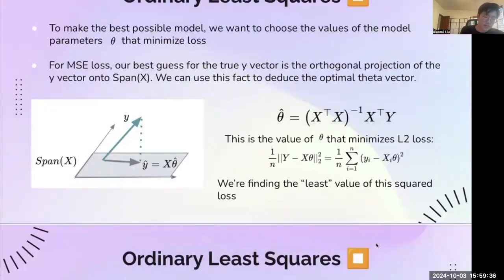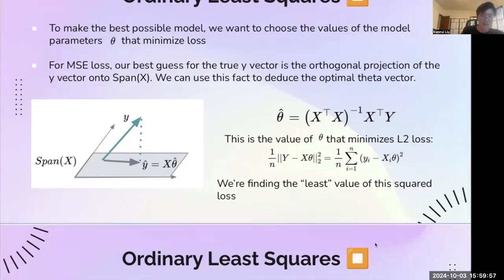So what this is saying, on the image on the left, we could see that our predictions can only be in the span of X. So this flat plane over here represents the span of X. Theta hat is our optimal parameters, and we can only ever choose a y hat that is on this flat square.